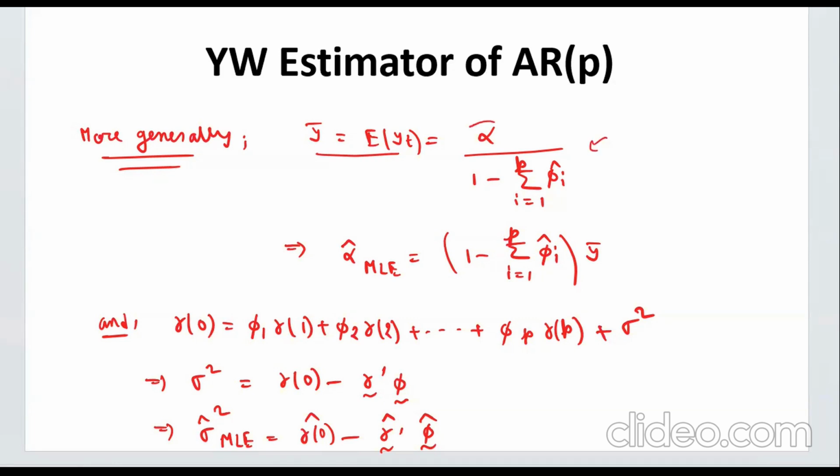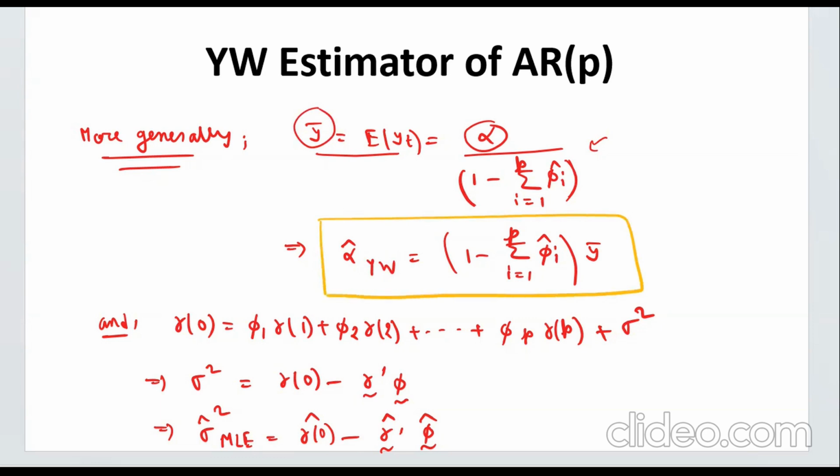So you can simply multiply. So alpha will be this multiplied by this entire thing. So we have done that, and this will be the, not MLE, sorry, this will be the Yule Walker estimate of alpha cap. You can do it on your own. The steps are given to you. And here also you will have Yule Walker.